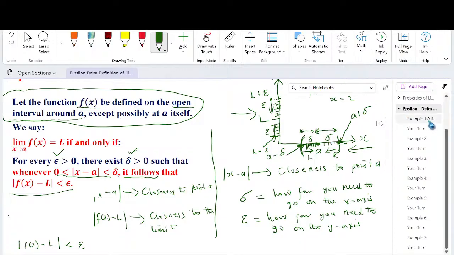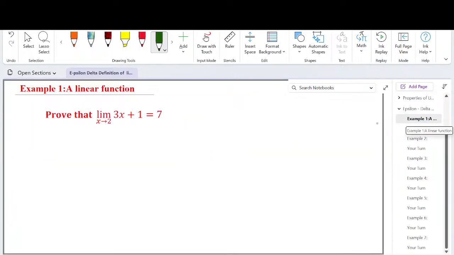So let's move into the first example. Prove that the limit as x approaches 2 of 3x plus 1 is equal to 7. To prove this, you need to state the necessary conditions, because in the exam, the lecturer asks you to prove this.